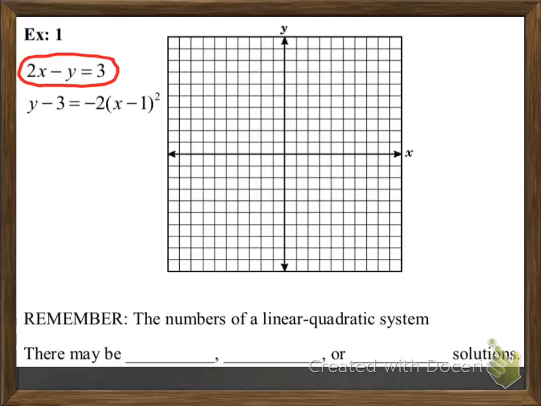So I would subtract 2x to the other side, which will give you negative y equals negative 2x plus 3. Now we need to get rid of this negative right here, so we're going to divide by negative 1. That will make this a positive 2x and a minus 3.